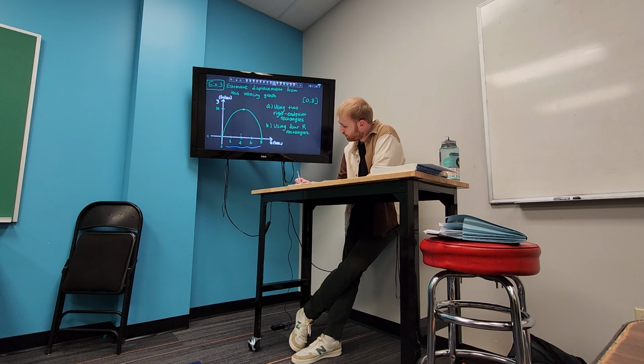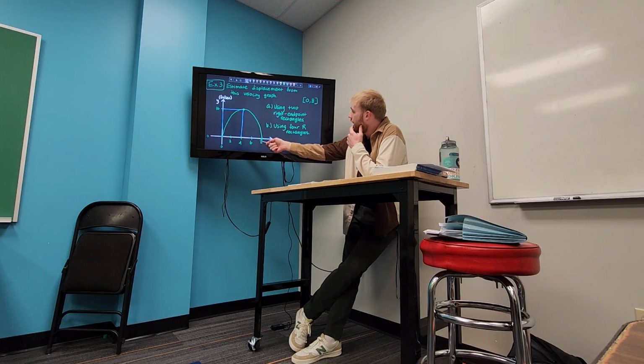So my right endpoint for my rectangle is going to come up at 4 and then go to 0, and then there you go. Does that make sense? Okay, and then my other rectangle, the right endpoint, where will that be? 8. Yeah, 8.